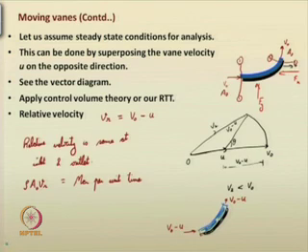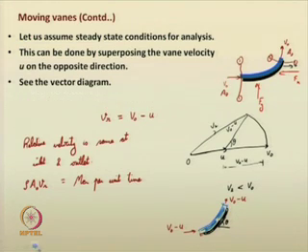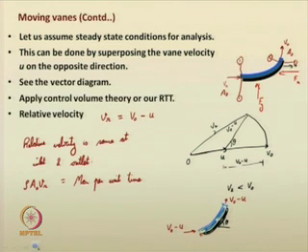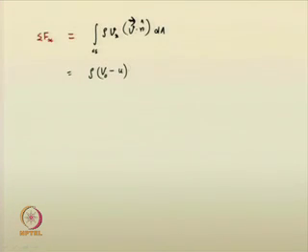Just go to the previous portion. At the outlet, this is V 0 minus u, and this particular angle is theta. So, cos theta into V 0 minus u, A 0.